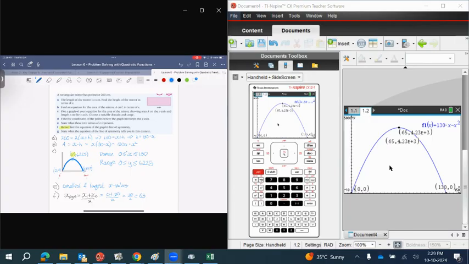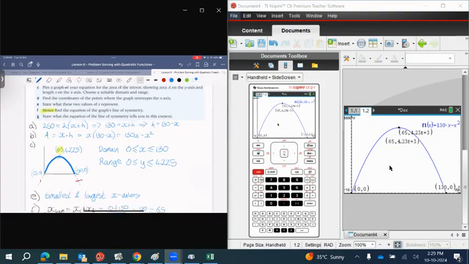What is this question about? Do we have a function anywhere? We did. We made a function.